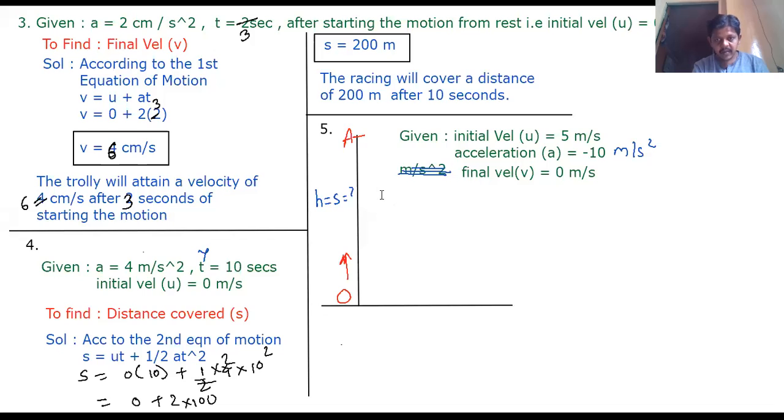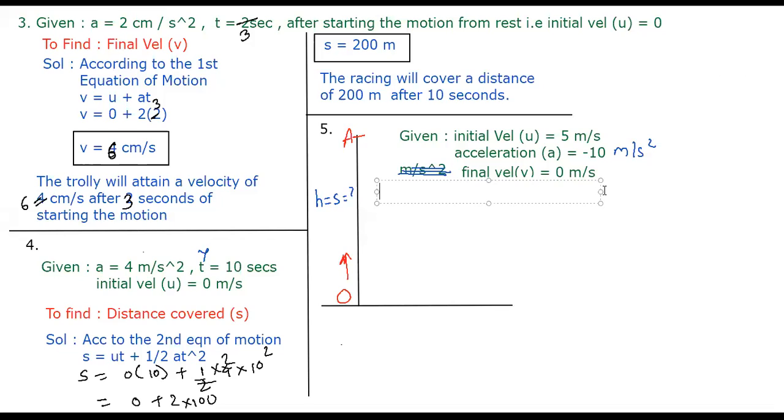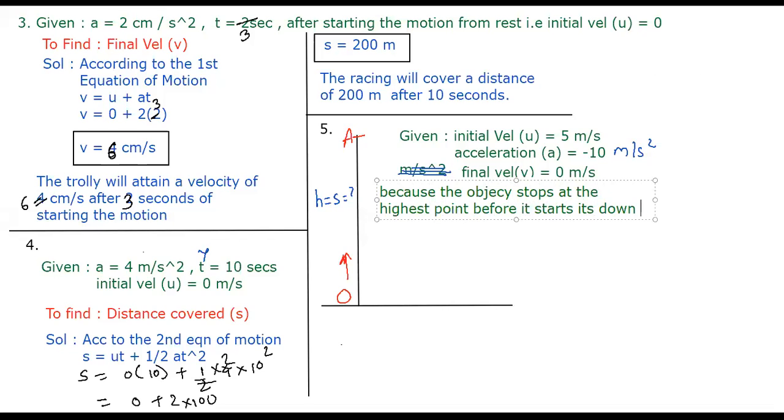I will write it over here, for my own understanding. Final velocity is equal to 0, because the object stops at the highest point before it starts its down travel.